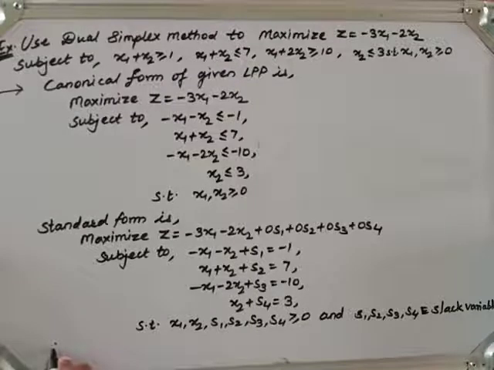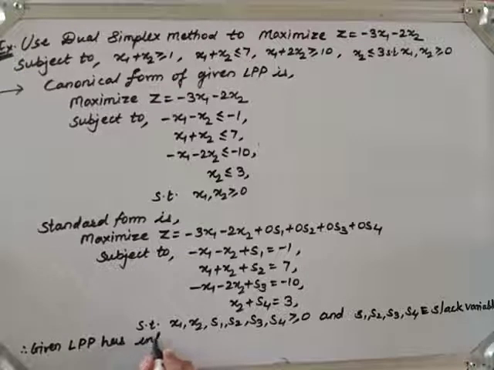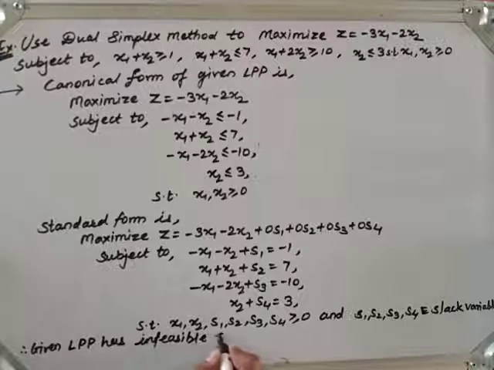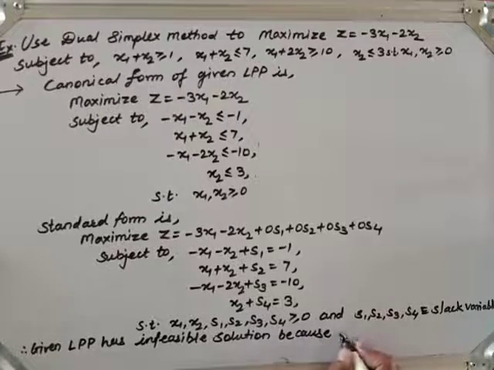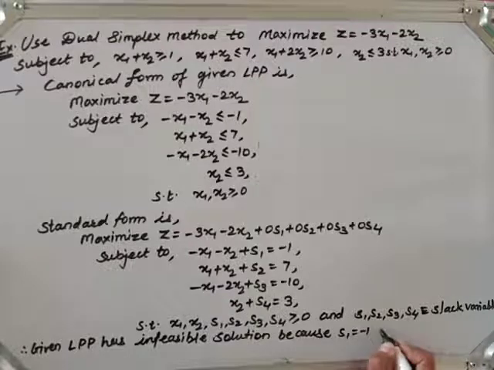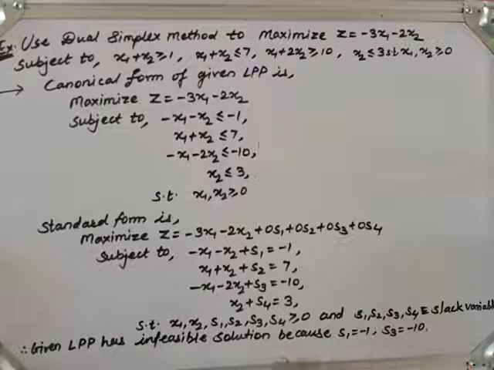That is why the dual simplex method is applicable here. Therefore the given LPP has an infeasible solution, because we get s1 equal to minus 1 and s3 equal to minus 10.